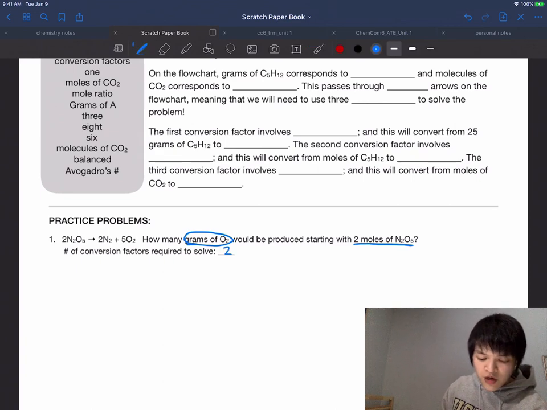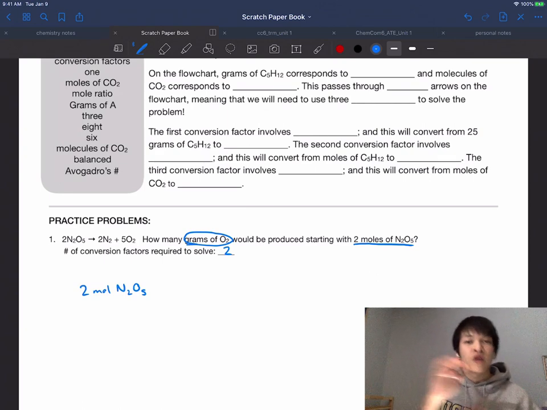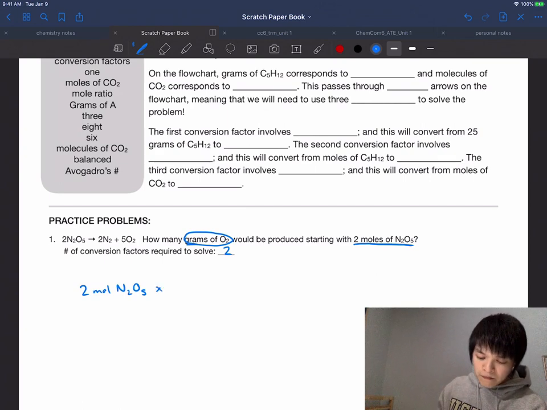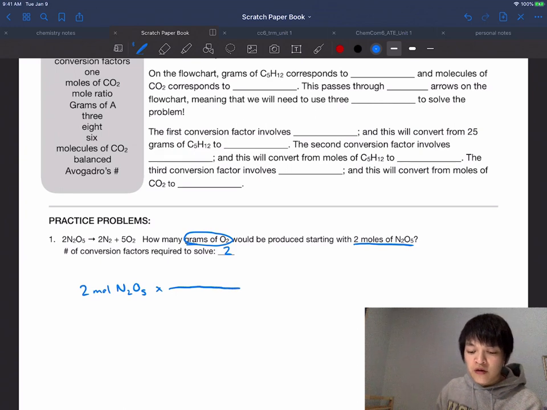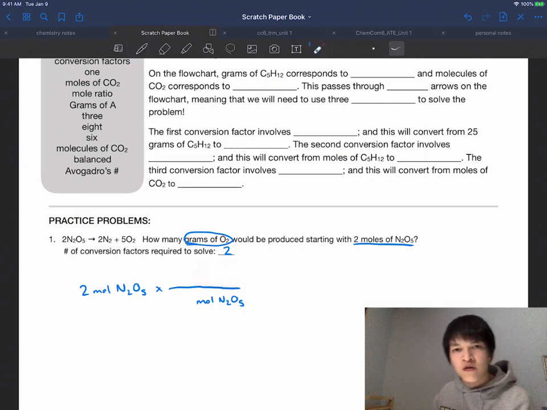Let's write down what we're starting with. We're going to be multiplying and drawing a line. And this is our first conversion factor. In our first conversion factor, the unit that goes in the bottom is the unit that we started with. The unit that goes on the top is what we're trying to convert to.